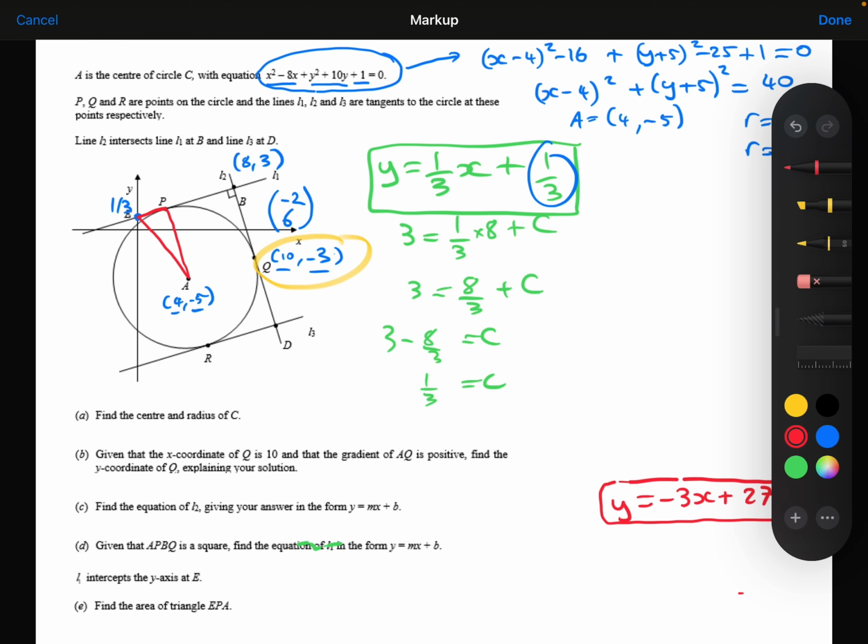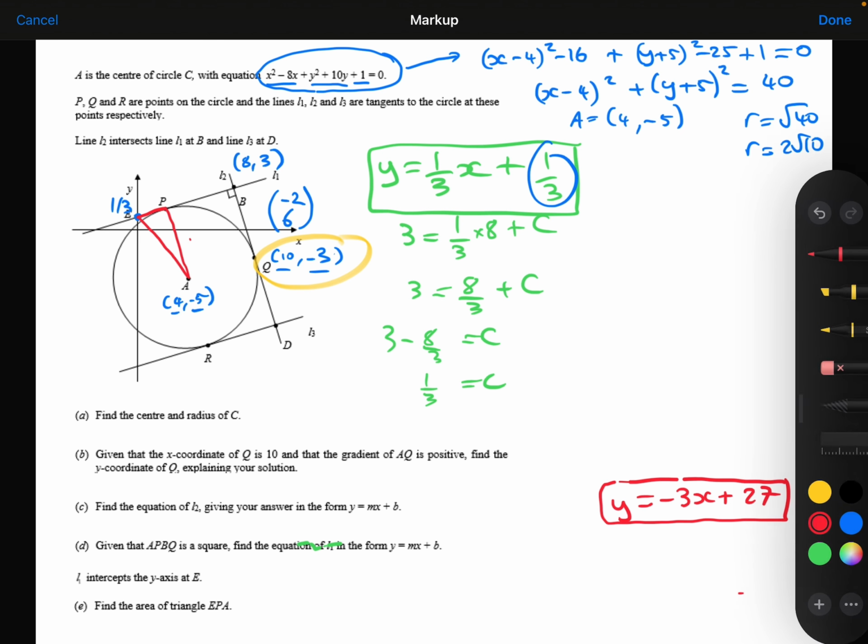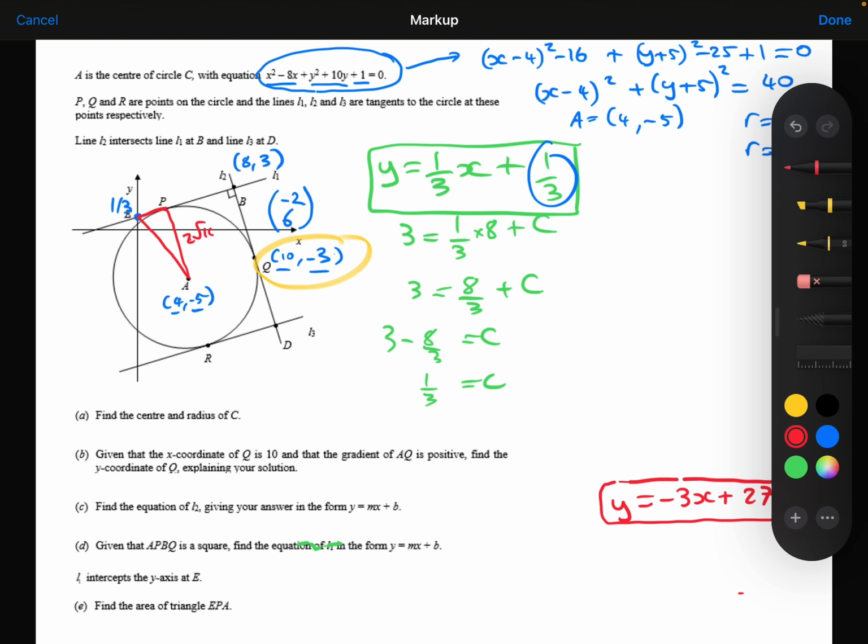I know that EP is the radius. So this is the 2√10 that we worked out at the beginning. And I know the coordinate E is the coordinate 0, 1/3. So I could work out the distance between A and E, this distance here, by doing the change in the x coordinates squared plus the change in the y coordinates.